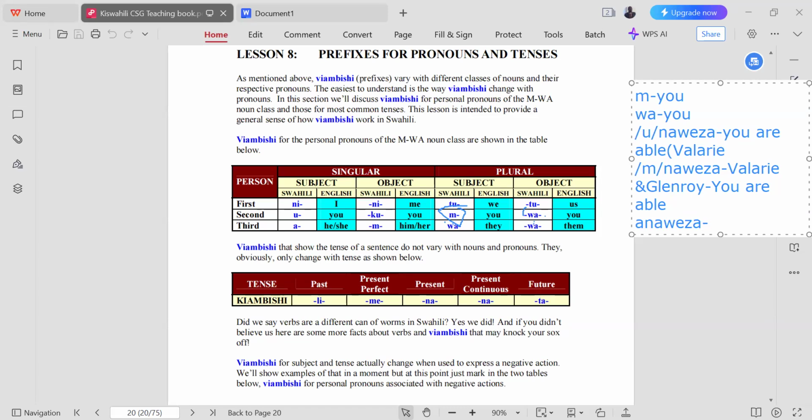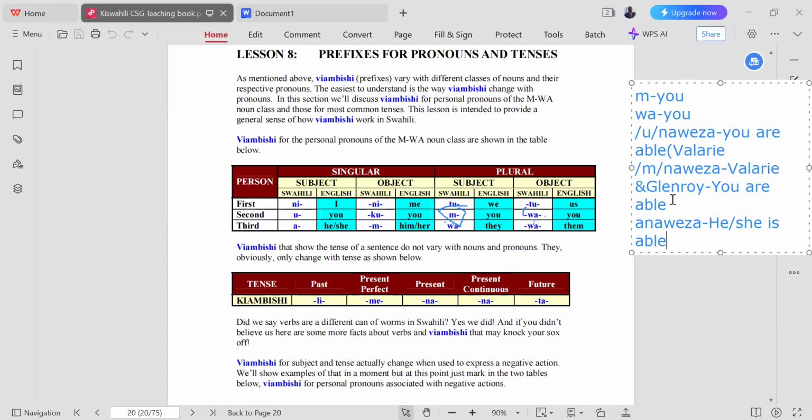Now, for this case, anaweza is he, stroke she, is able. In this case, we are referring to he or she as the subject part. But when we come to the object, how objects come in is that somebody will ask, when you say he is able, who is he? Or who is she?